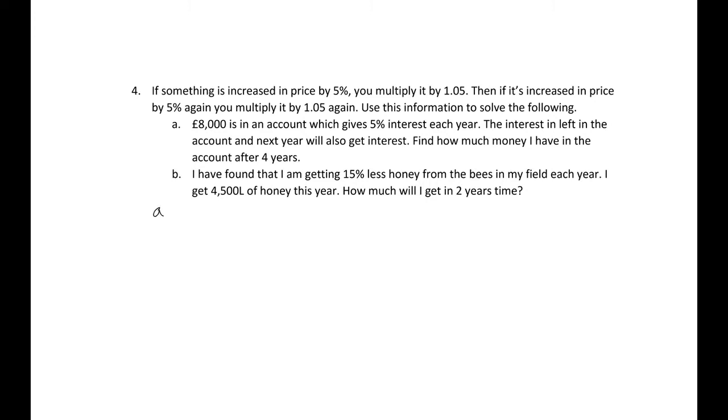So, A, we have £8,000, right? And after 1 year, we times it by 1.05. Then, for the next year, we take all of that and we times it by 1.05.